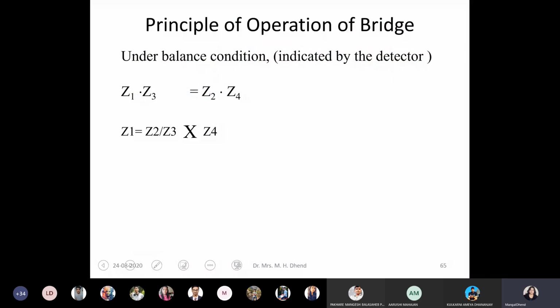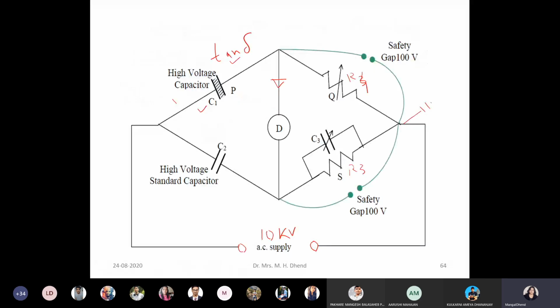Now the principle of operation of the bridge is Z1 into Z3 equals Z2 into Z4. Note down that Z1 into Z3. Which is Z1? This is Z1. Where is Z3? This is Z3. So the two opposite branch impedances, Z1 into Z3, will be equal to Z2 into Z4.